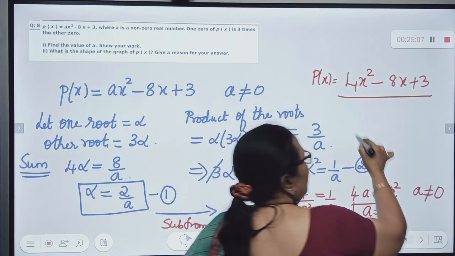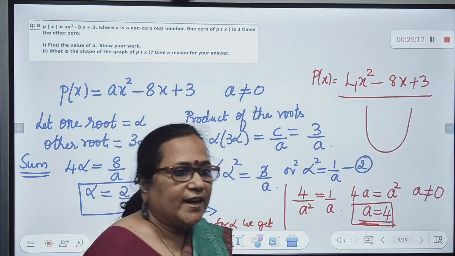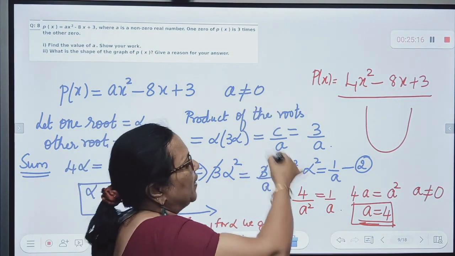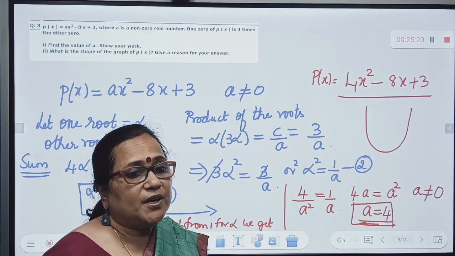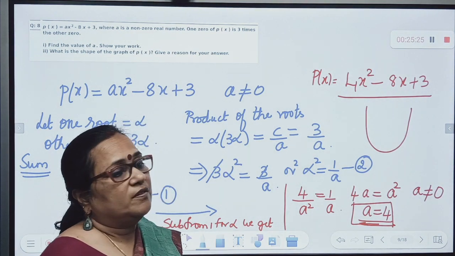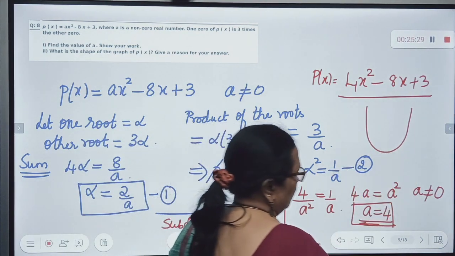It will be the shape of U and it will be upward. When A is negative, it will be downward. Since A is positive, the parabola will open upwards. A quadratic polynomial is represented as a parabola, and if A is positive, it will open upward, and if A is negative, it will open downwards.